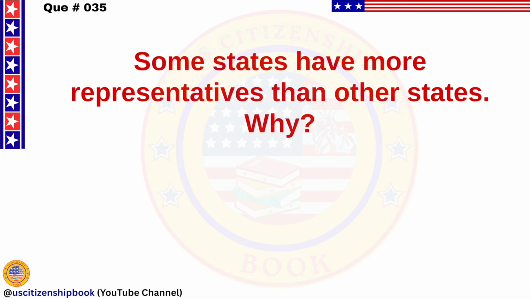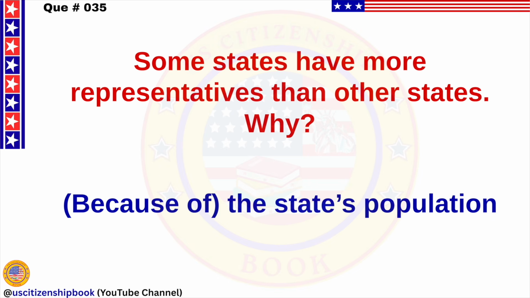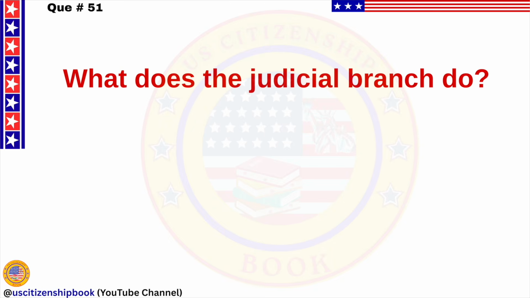Some states have more representatives than other states. Why? Because of the state's population. What does the judicial branch do? Reviews laws.